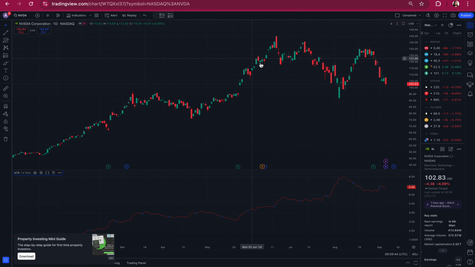So yeah, I'm looking at Nvidia. What is my ATR as of this date? Let's go to 6.83. It's not the actual price.